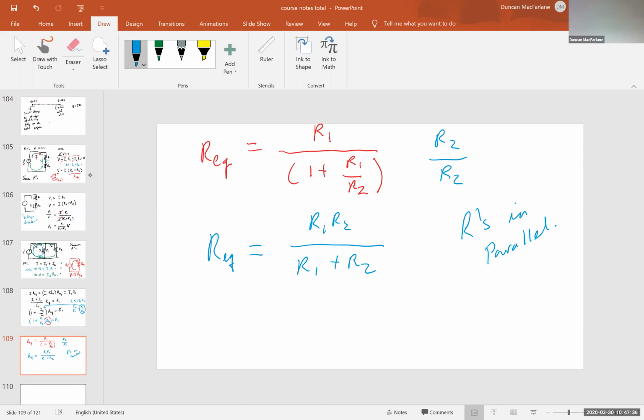So you might have seen that formula before, perhaps in a high school physics course, and we've derived it from Kirchhoff's voltage law and Kirchhoff's current law for a simple circuit.